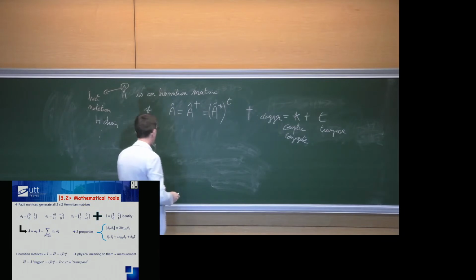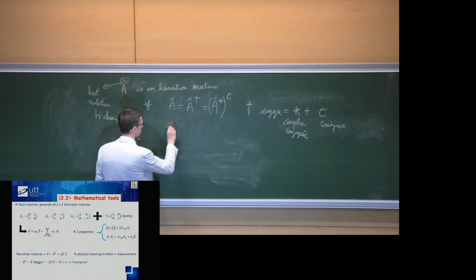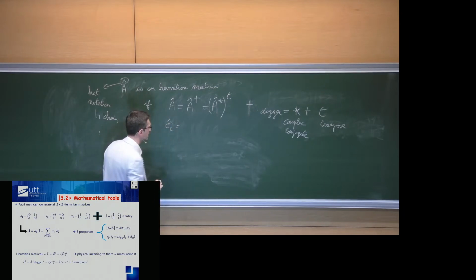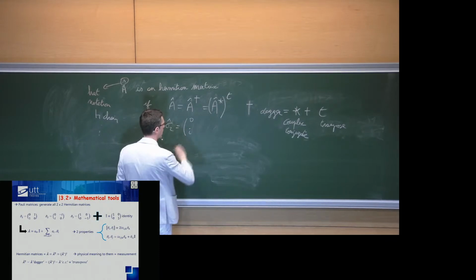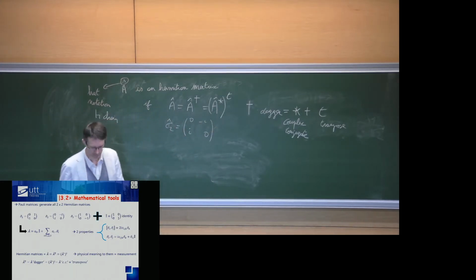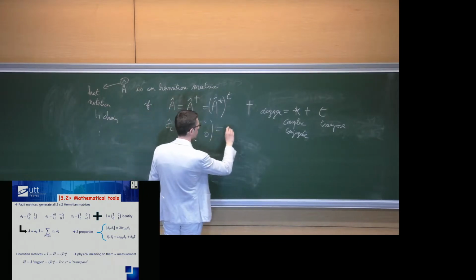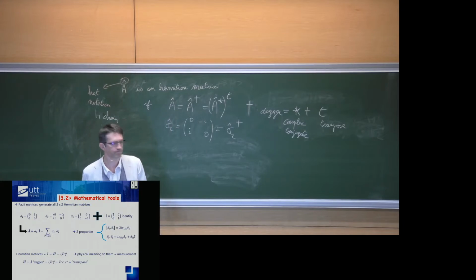So let's take an example. Let's take sigma 2. Sigma 2 is 0, i, minus i, and 0. If this is a Hermitian matrix, that means this should be equal to sigma 2 dagger.